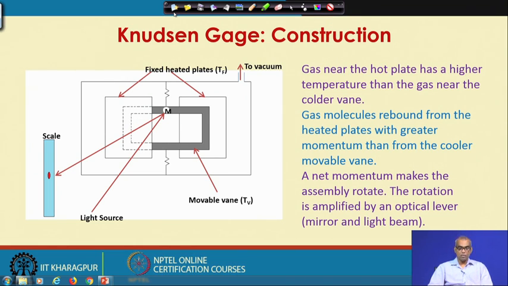So, how do I measure this angular rotation of the movable vane? For that, please note that there is a mirror attached on the movable vane. I send a beam of light to the mirror, and here I have put a scale, and a spot of light is reflected from the mirror.